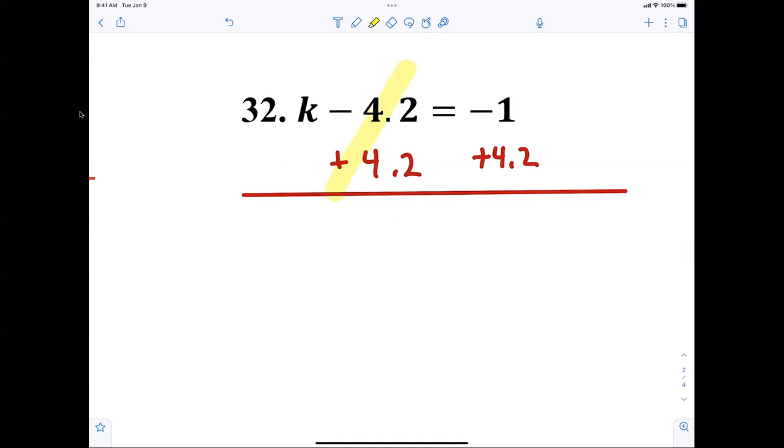Does everybody agree with me? I'm subtracting. So now what's 4.2 minus 1? Don't forget, this is 1.0. It's 1.0. So K is equal to 3.2. K is equal to 3.2. Anybody have any questions with that? Tell me.